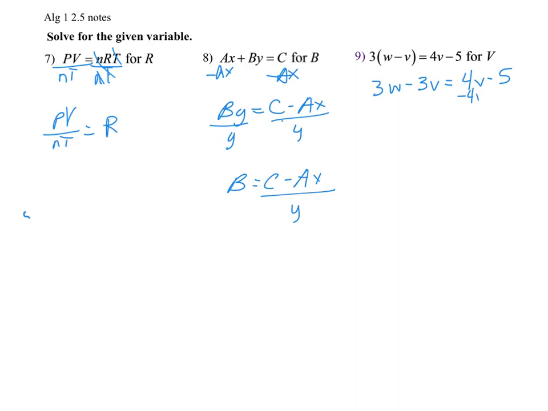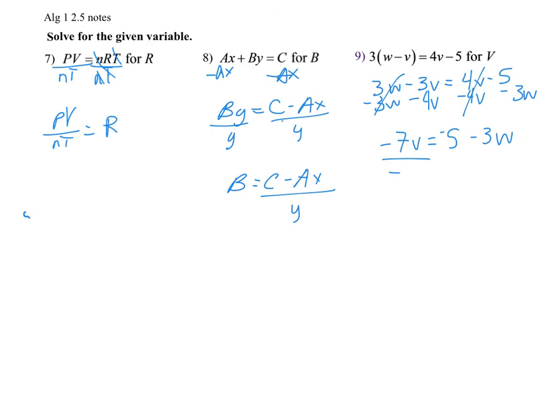In order to do that, I need to subtract 4v from each side, and then I also need to subtract this 3w from each side. Okay, and then I can combine like terms. So I'm going to have a negative 7v on the left-hand side. These guys are going to cancel out, and these guys are going to cancel out, and I'm going to have negative 5 minus 3w on the right.